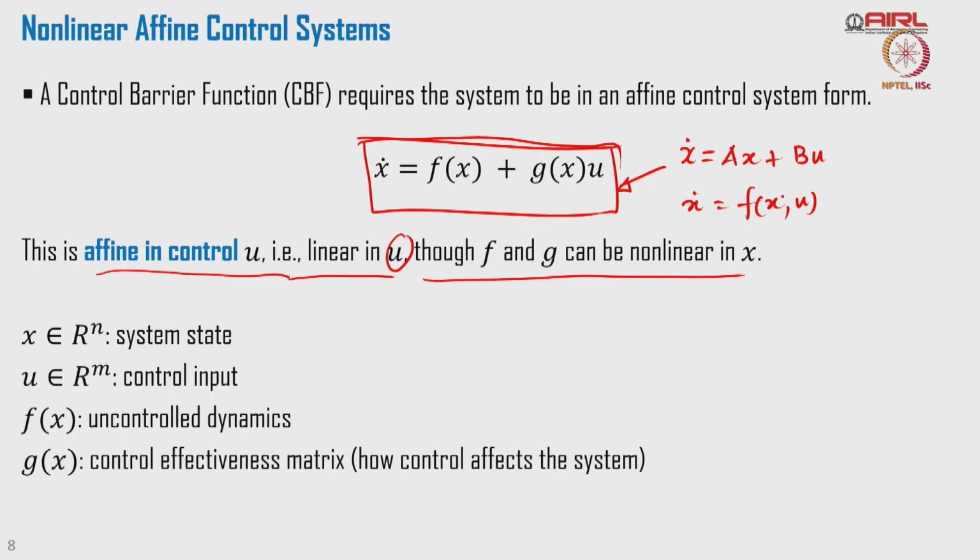You can verify that x dot equal to Ax plus Bu is also in a way a control affine form. But this is a linear equation, so we don't specifically talk about control affine systems when we talk about linear equations and linear time invariant systems and their state space representations.